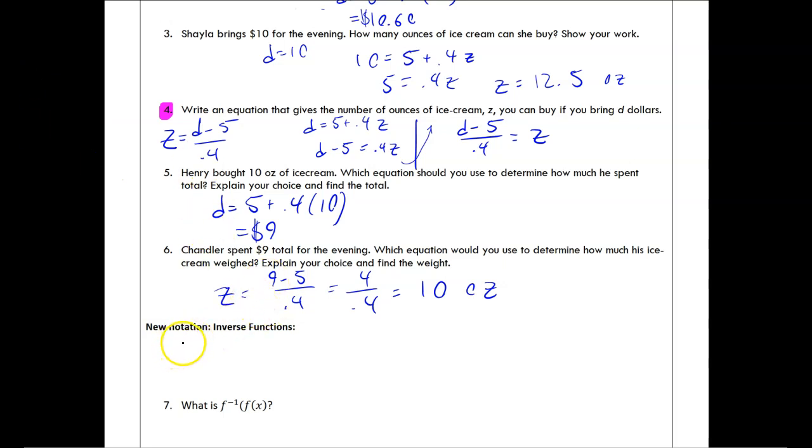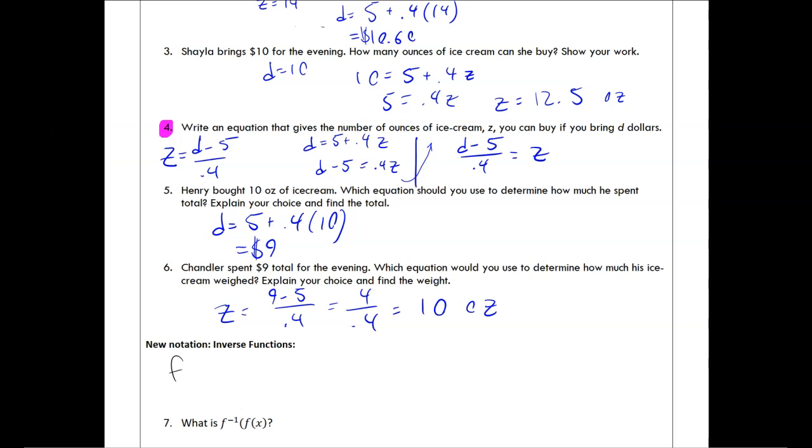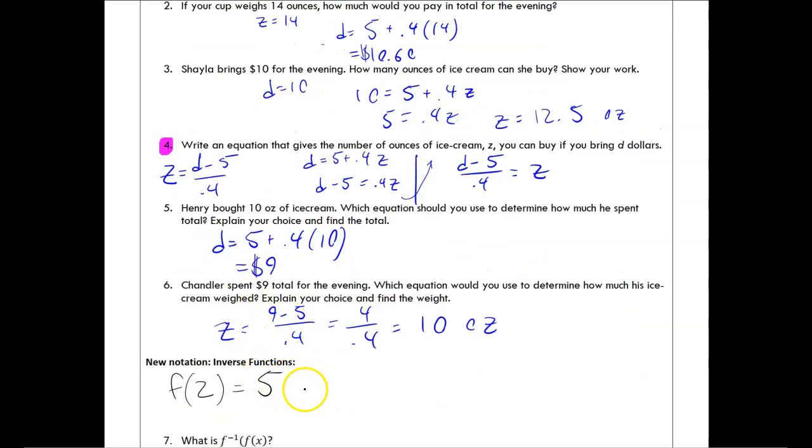So my original function is f of z, a function that depends on z, equal to 5 plus 0.4 times z, right? So it's a linear function. So again, the ideas we're working with are not that complicated. We're just introducing new notation here.